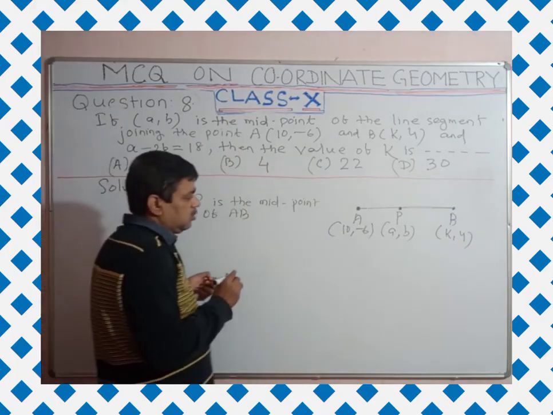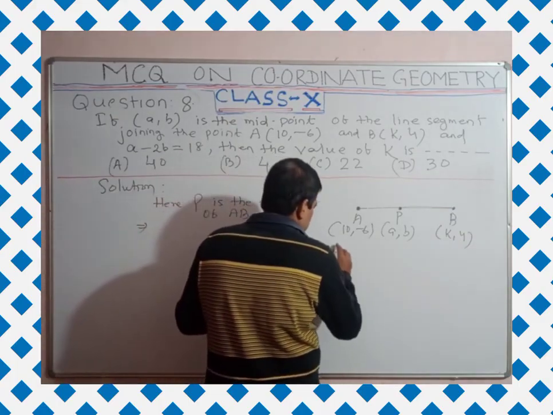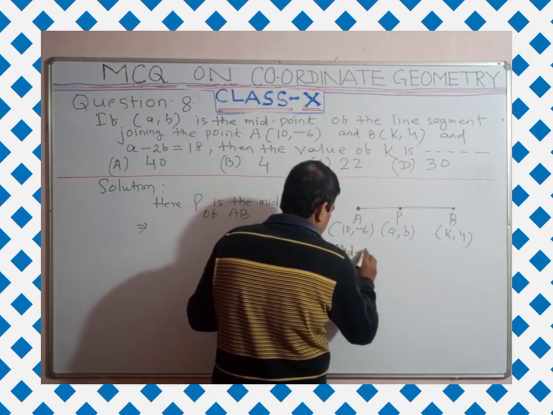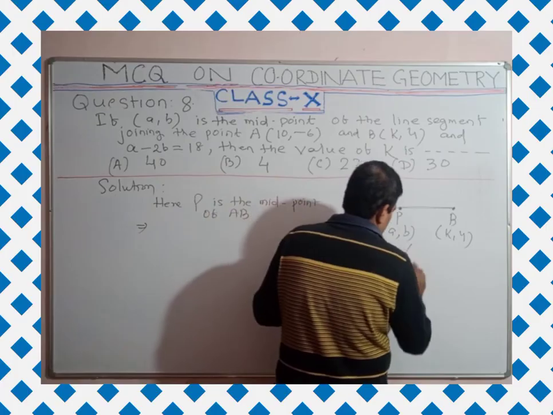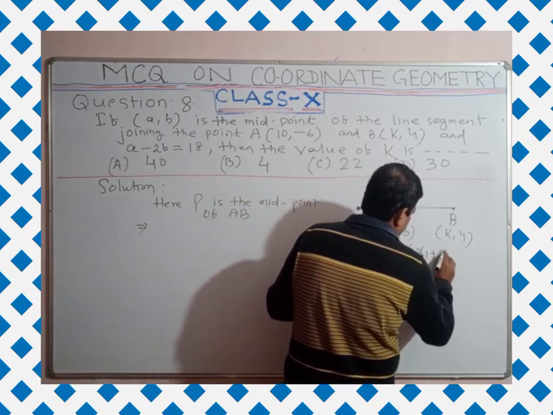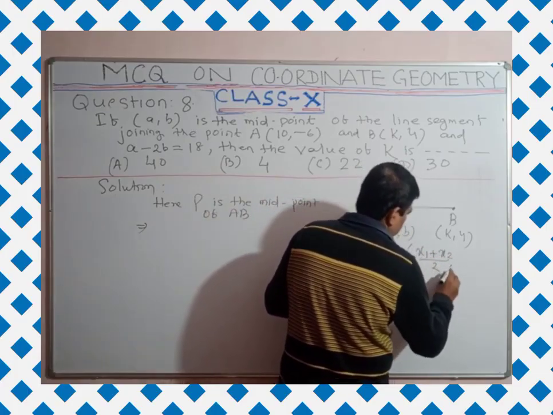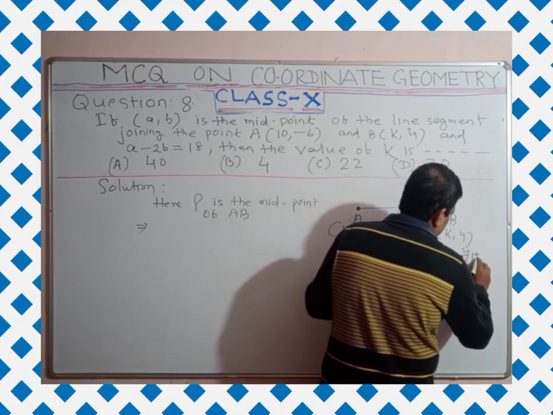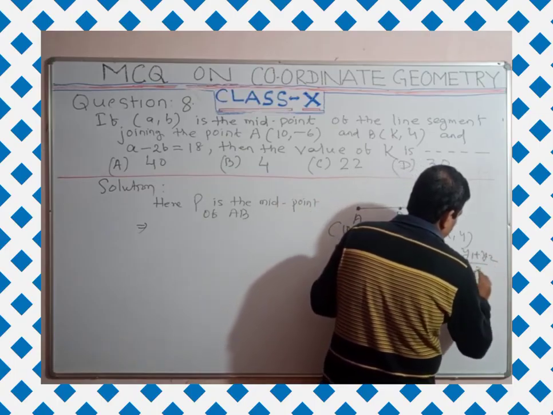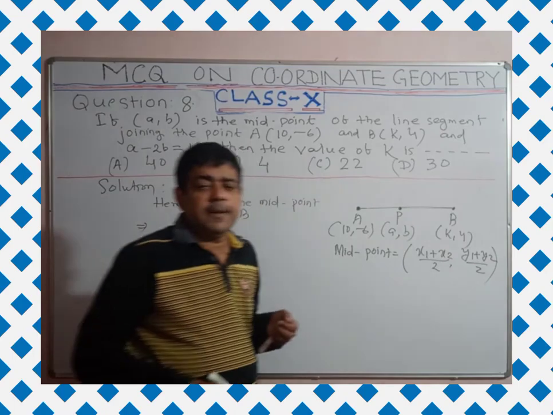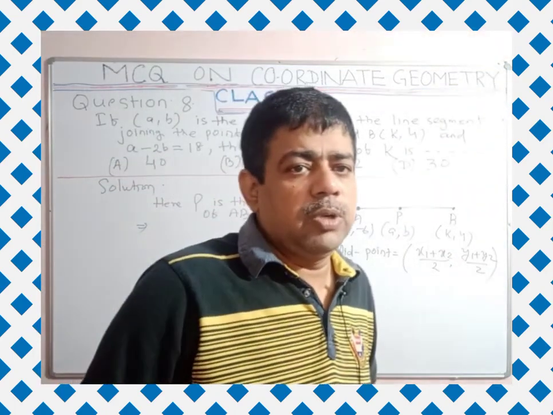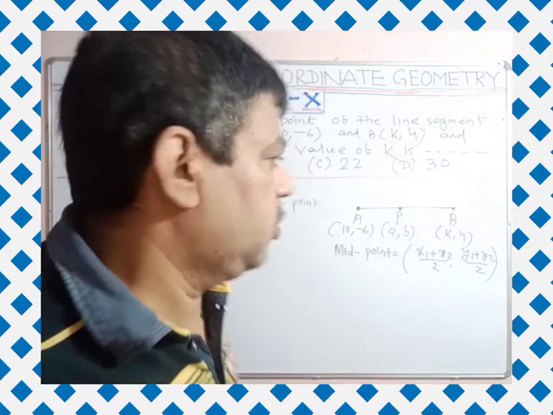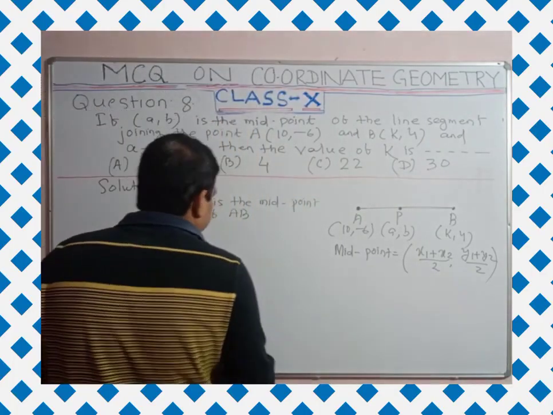What is the coordinate of the midpoint? We all know: the x coordinate is x1 plus x2 upon 2, and the y coordinate is y1 plus y2 upon 2. All of you know? This is the coordinate of the midpoint of AB.